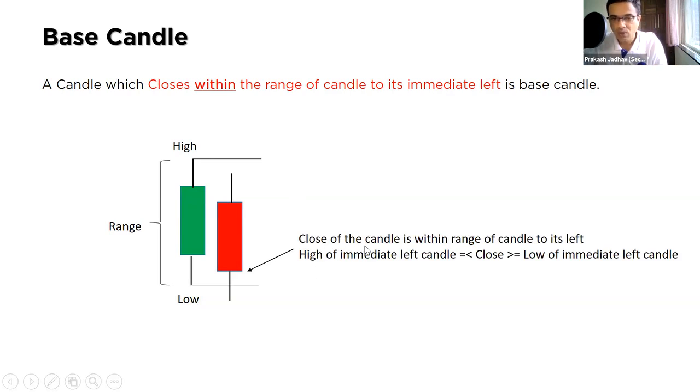The close of this candle is within the range of the earlier candle on its left. So the high of the immediate left candle is equal to or more than the close of the current candle, and the close of the current candle is more than or equal to the low of the immediate left candle, then this candle is a base candle.